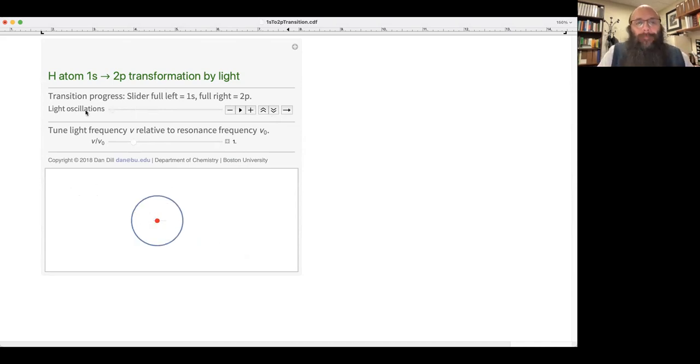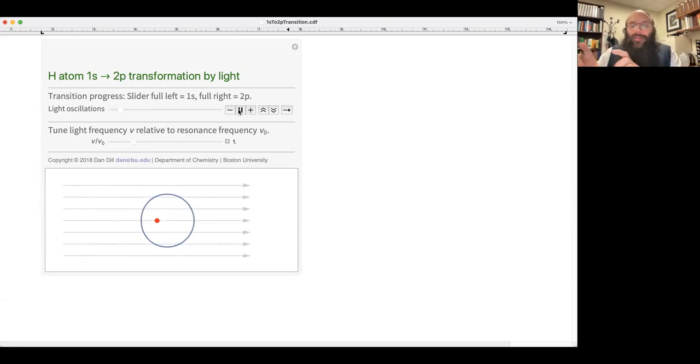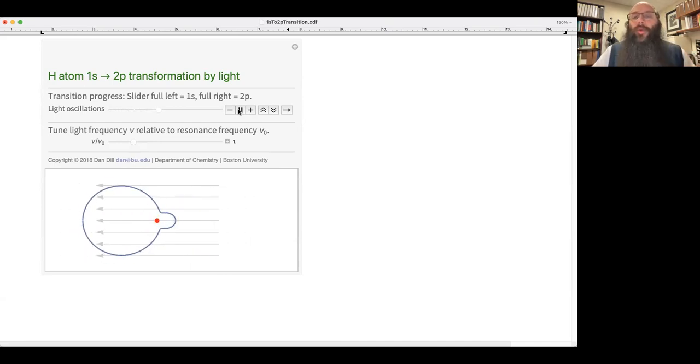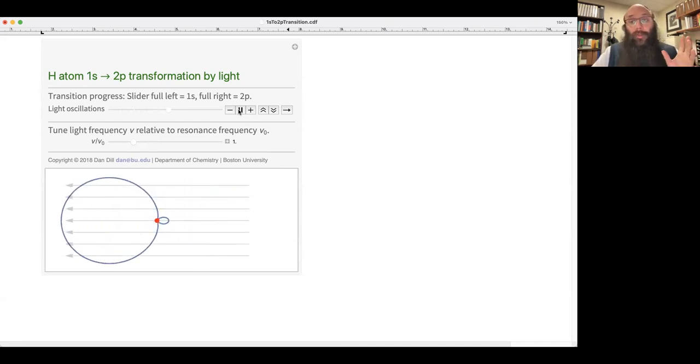So again, just watch it. When it's not resonant, the electron wave stays a spherical wave. Nothing changes. But when we make the frequency of the light match the frequency of the electron, now the electron starts oscillating in sync, in resonance with the light, going back and forth. This is not going to do 100,000 oscillations here because that's a lot; this happens a lot faster.